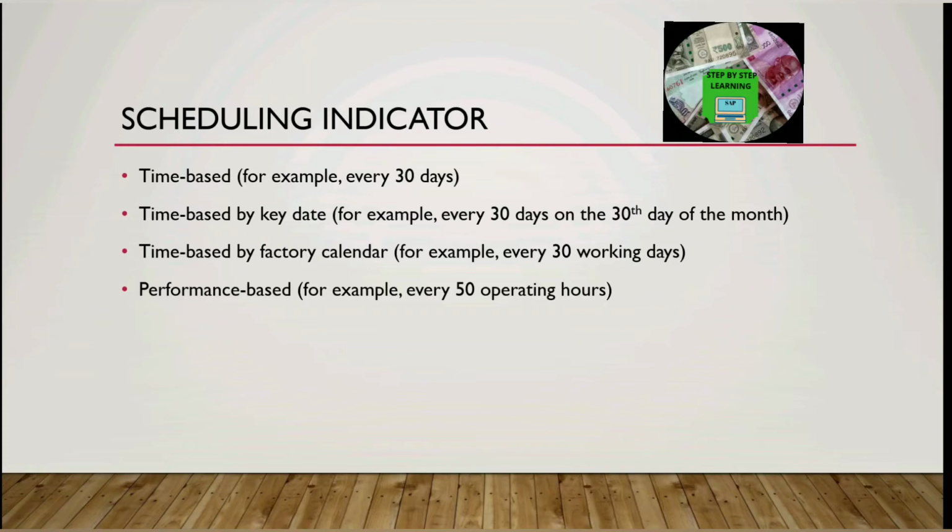Simply, you can understand it as an hour based unit, a minute based unit, or a seconds based unit. Whatever is increasing and decreasing, that is counter based, and for that you can select the performance based scheduling indicator. Those are the theoretical concepts.